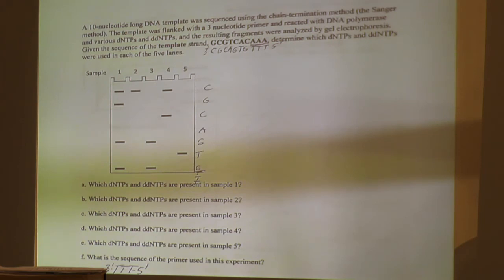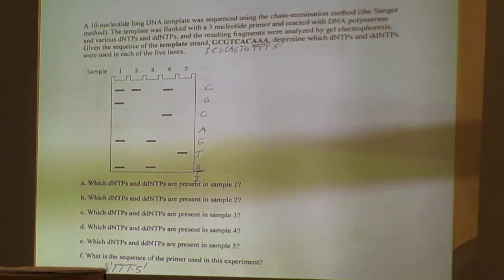So in sample 1, that happy little guy right there, which dNTPs and which ddNTPs are within that sample? Does it go to completion? Meaning, do you have a line all the way up at the top? Yes, okay, so does that mean it has all of its deoxynucleotides? Yes, okay.